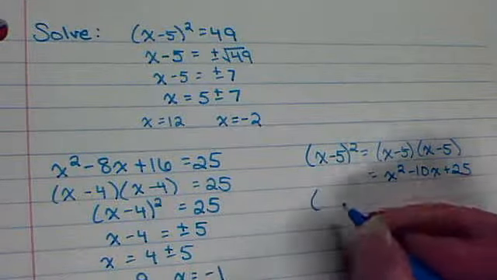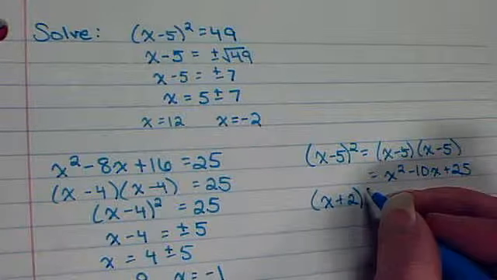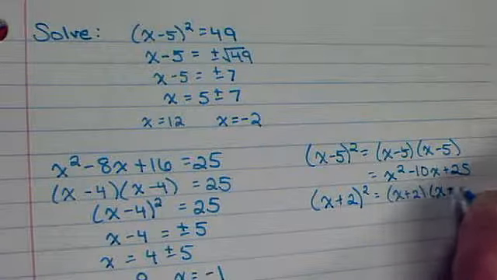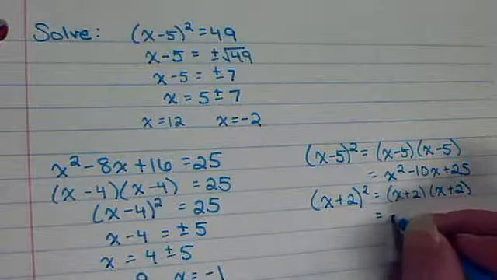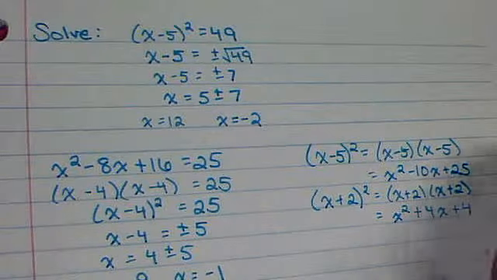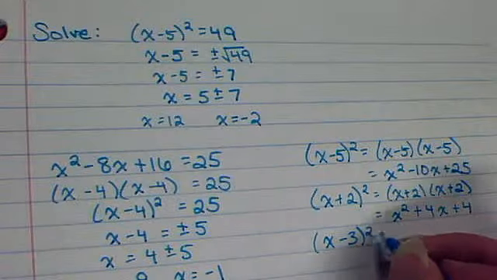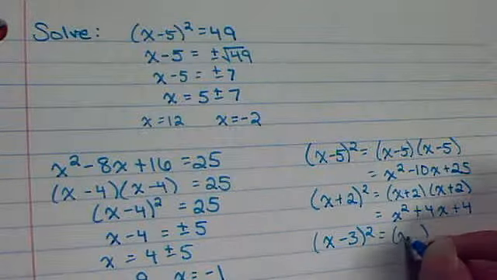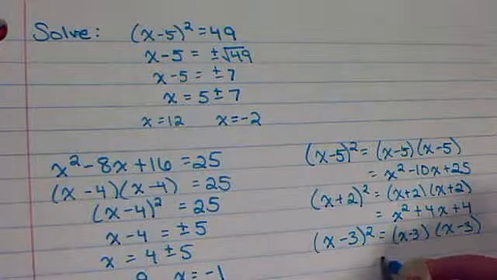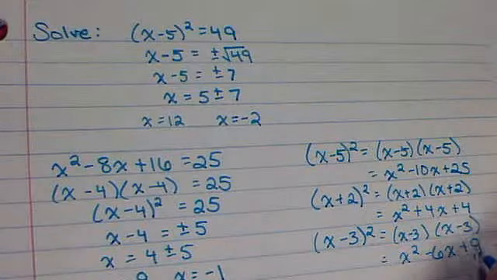If it had been x plus 2, x plus 2, we'd get x squared plus 4x plus 4. X minus 3 squared. That's x minus 3 times x minus 3. We would get x squared minus 6x plus 9.